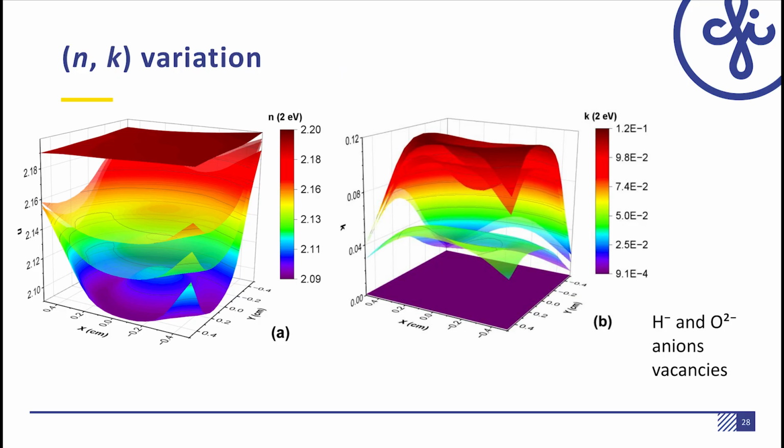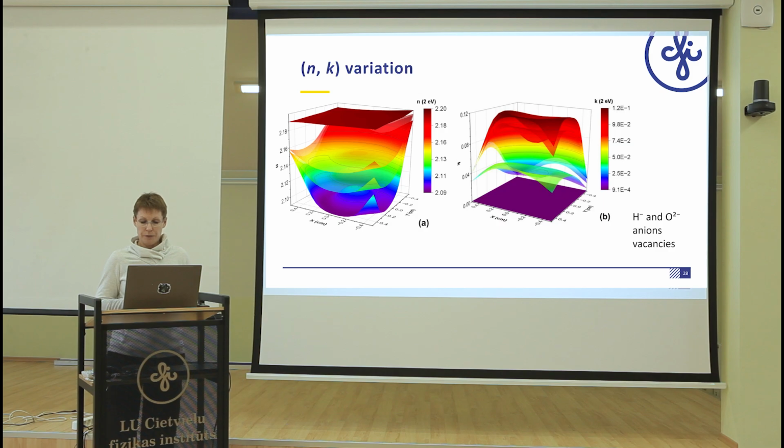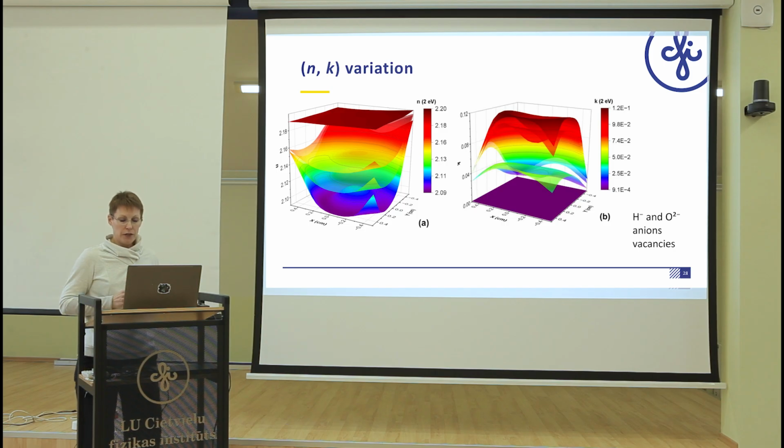This slide shows the spatial variation of refractive index and extinction coefficient at 2 electron volts during UV radiation. Each surface represented at different time slices shows the different exposure moments. Also here, similar to the slide before.